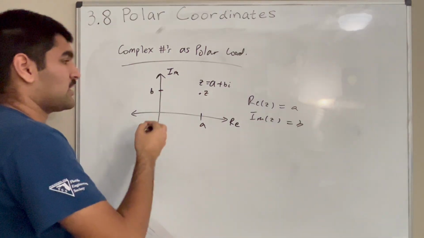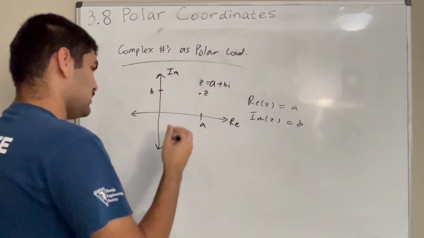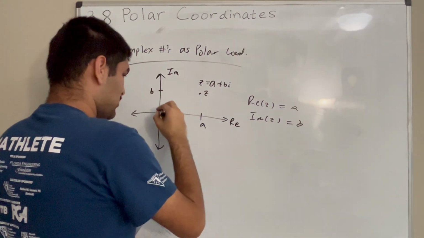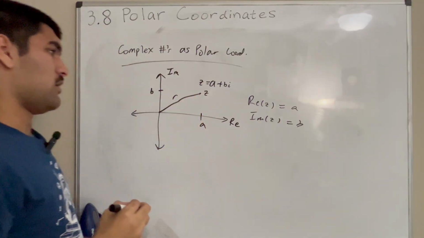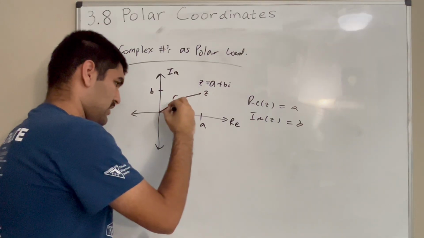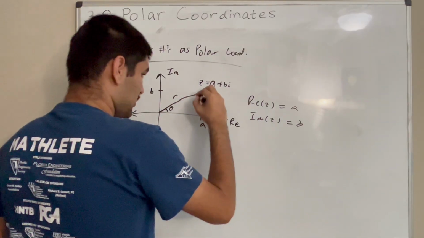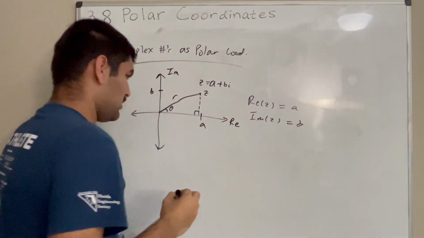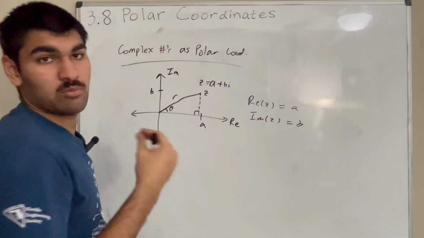So that's why we can also express it in polar form. So again, let's consider the circle with radius r that goes to this point.